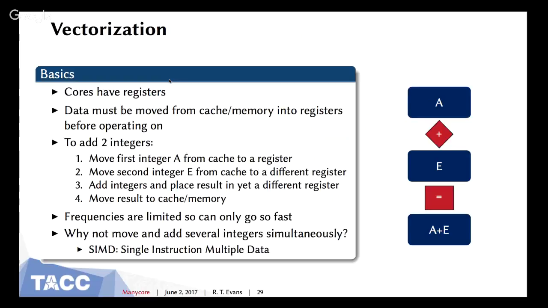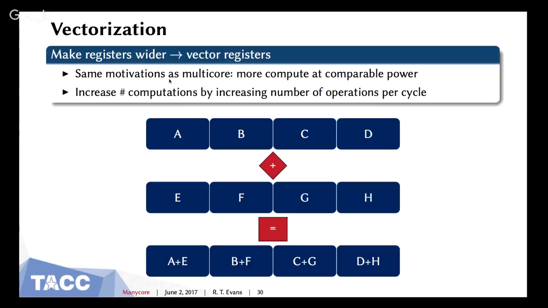Now, I want to say most scientific codes, not all scientific codes, a lot of things are done at large scale where it is what's called SIMD, single instruction, multiple data. I'm doing the same thing on lots of data. And so if I don't have to decode a lot of different instructions, I can just decode one instruction and perform these operations on blocks of data. And that's what these floating point units have moved to.